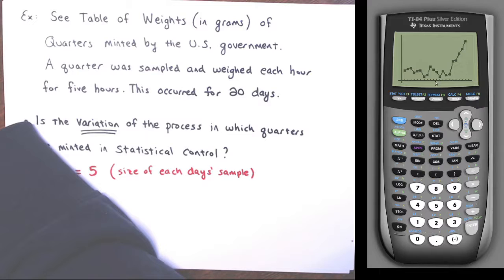So for the center line, I need to find R bar. In my calculator, as I showed you, List 1 already has all those ranges.